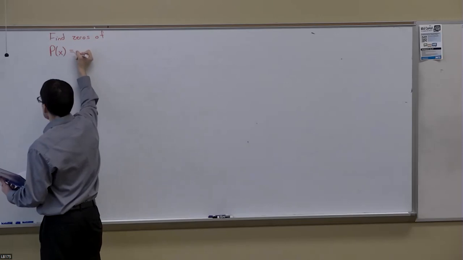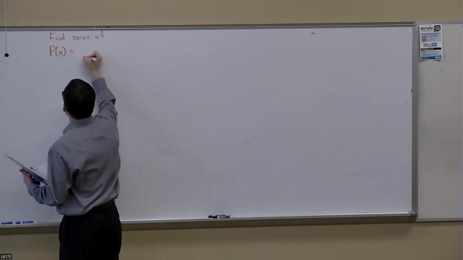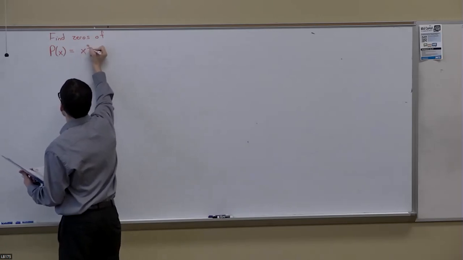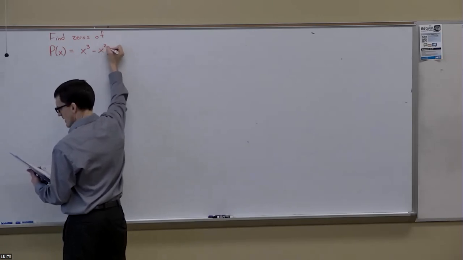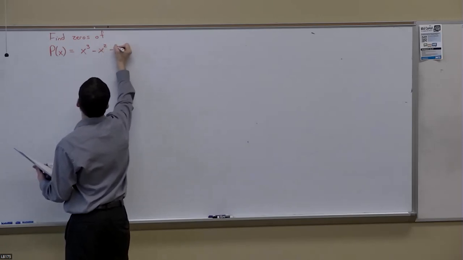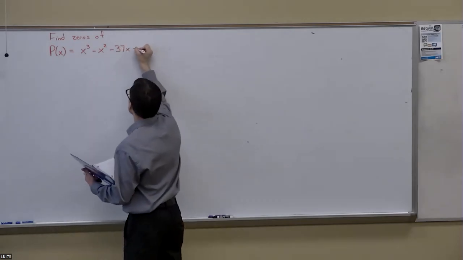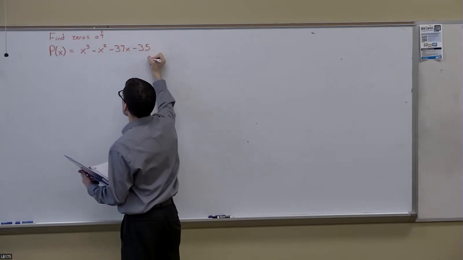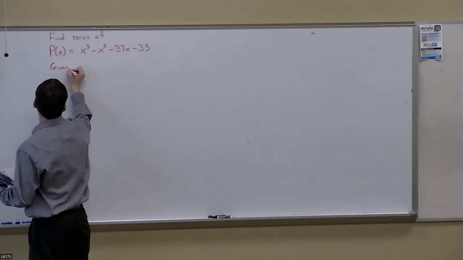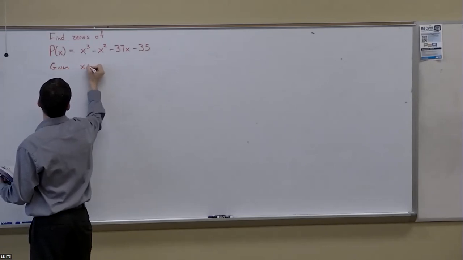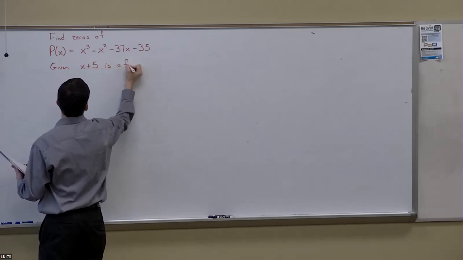P of x is equal to x to the third minus x squared minus 37x minus 35, given x plus 5 is a factor.